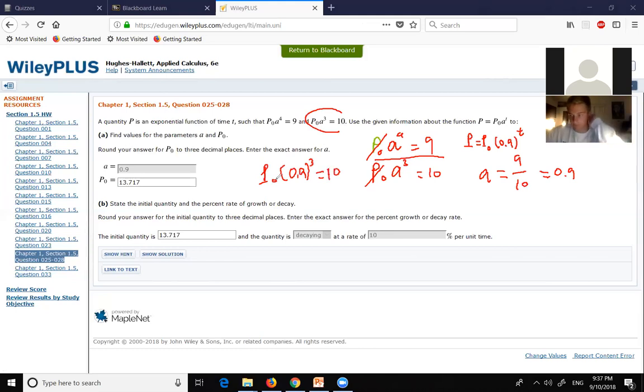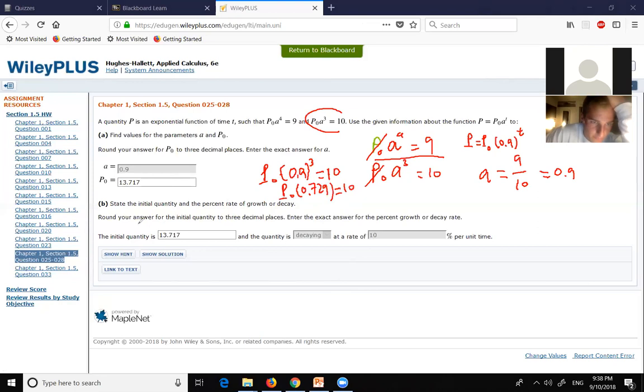Then you can solve for P naught. 0.9 to the third power is 0.729, so P naught times 0.729 equals 10, and you solve for P naught by dividing both sides by 0.729. That should give the initial value.